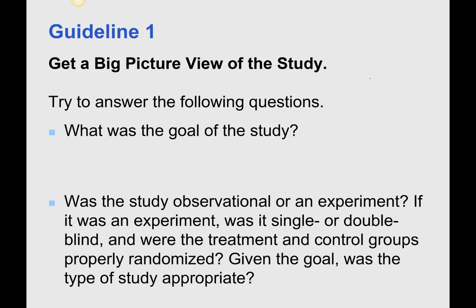Whenever I pick up a study, the first thing I ask myself is, what are they trying to do here? There should be an abstract at the beginning of the study. It's a paragraph, usually in a smaller font, indented, and it's an overview of the study. That should tell you the big idea of what we are trying to do here. When you read that, consider things like, what is the goal of the study? If the goal of the study is to determine how this new medication affects snuffleups, that's a reasonable goal.